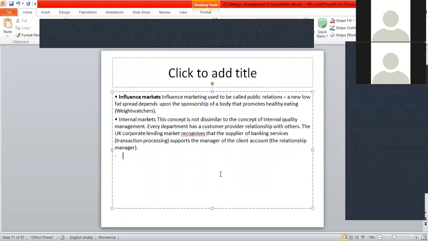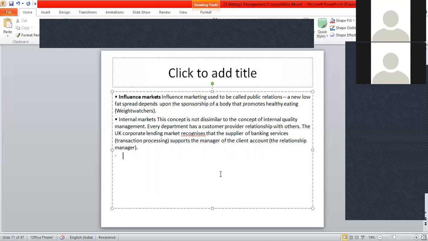So influence marketing is influencing the customers so that they take up certain actions. The example quoted here is a new low-fat spread that depends upon the sponsorship of a body that promotes healthy eating.